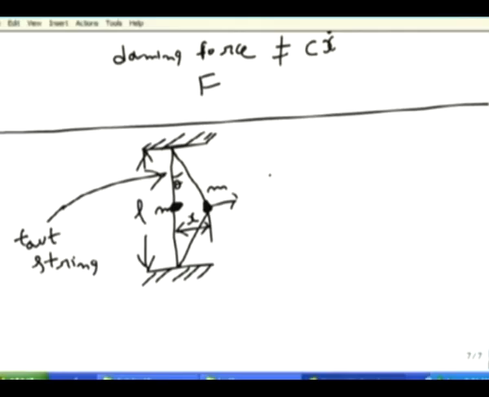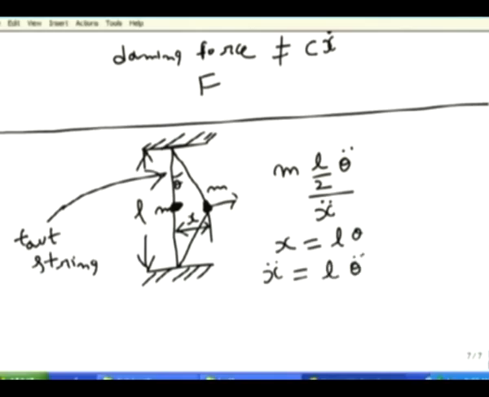Now, the governing equation for this case is m times the acceleration of the mass. Let us say this will be equal to L by 2, x is equal to L by 2 theta double dot, because x is equal to L theta, so x double dot is equal to L theta double dot.